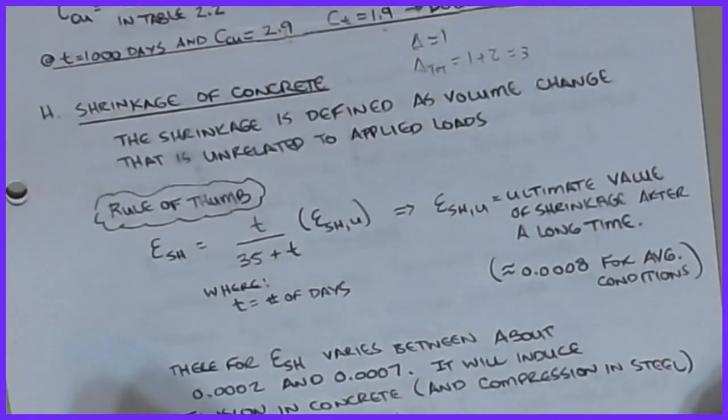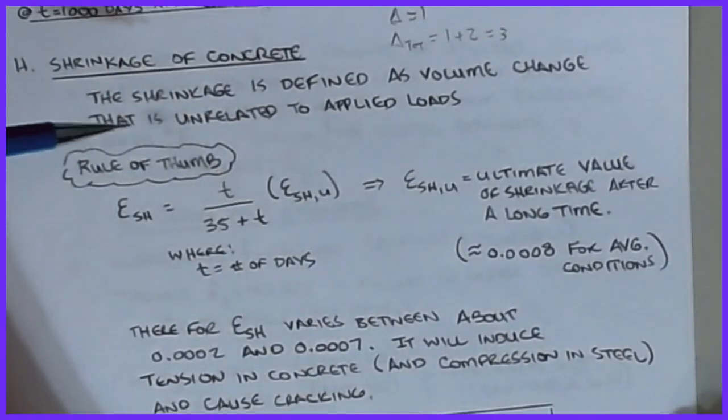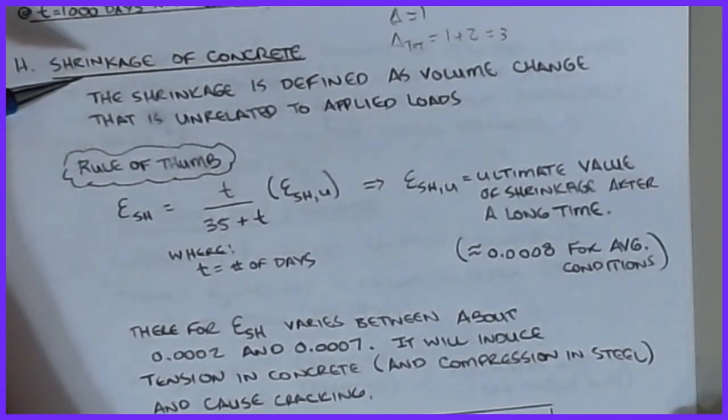Our second one has to do with shrinkage of concrete. This is basically a volumetric change that is unrelated to applied loads. A lot of shrinkage occurs as a function of surface area.